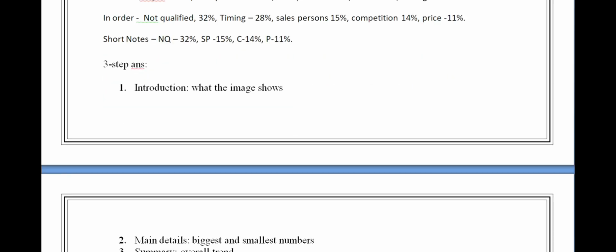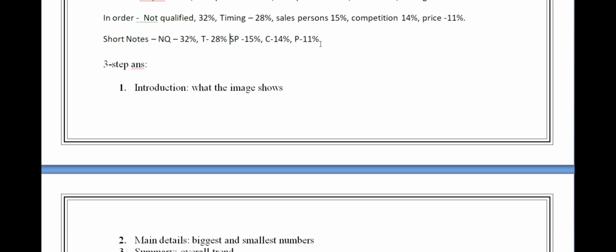And if you want to make very short and quick notes, the next step is, instead of writing the full form, go with quickness. That is NQ 32. SP, that is salespeople, is 15. Yes, I forgot the timings here. So it is timings 28%. C stands for competition 14%. P 11. P is for price.